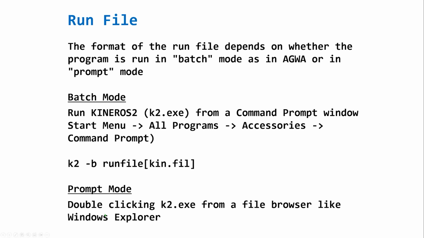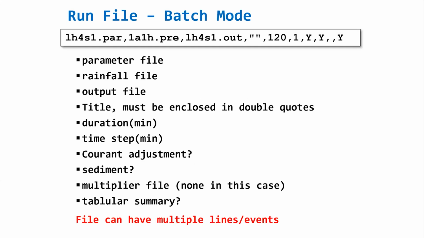So double clicking K2.exe from a file browser like Windows Explorer will give you the prompt mode. So you go into the old DOS command window, basically, and you would type in those file names.